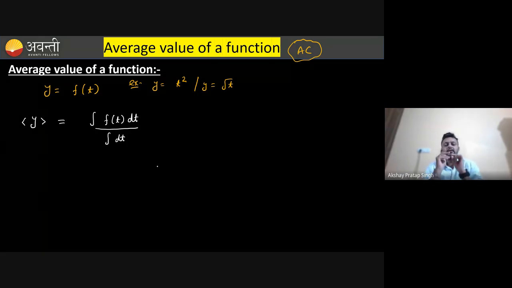This is the basic fundamental thing by which you can calculate the average value of any function. The dt limits give the time period in which you want to calculate the average value.